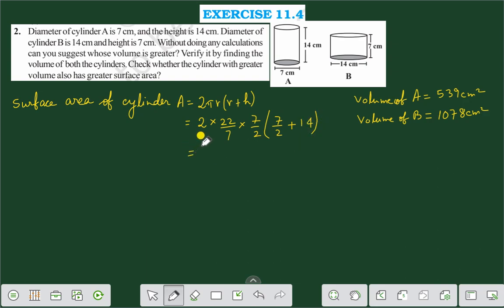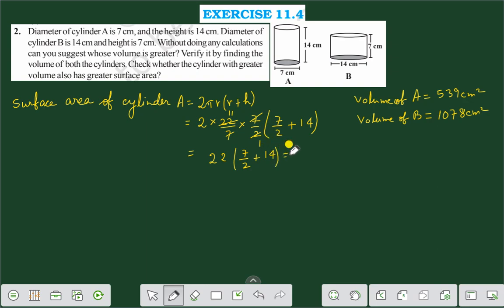Therefore we are getting 7 on 7 cancel. 2 on 2 to 11 is 22. That is, we are getting 2 into 11 is 22, into 7 by 2 plus 14.